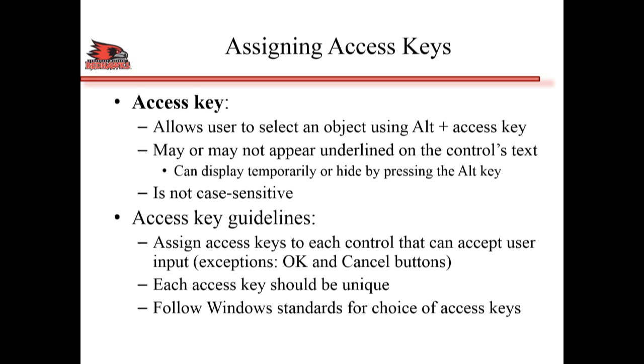Suppose in your Windows program, maybe in Microsoft Office, you hit the Alt key and you see your whole interface changing, especially the menus. In your file menu, the F might be underlined, and in your view menu, the V might be underlined, depending on your platform. And it's not case sensitive, so if you hit Alt capital F instead of small f, it still accesses your file menu.